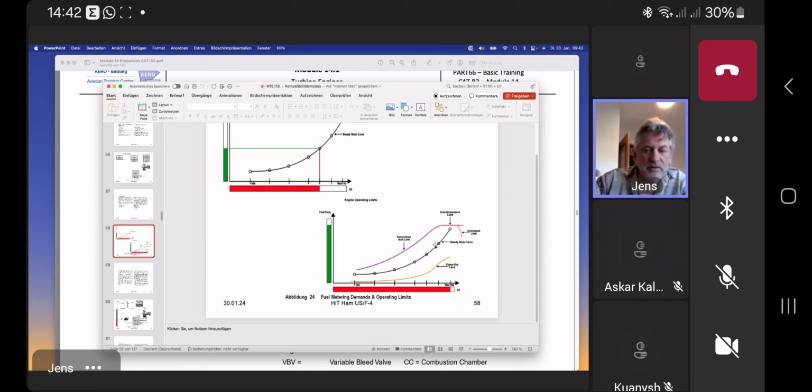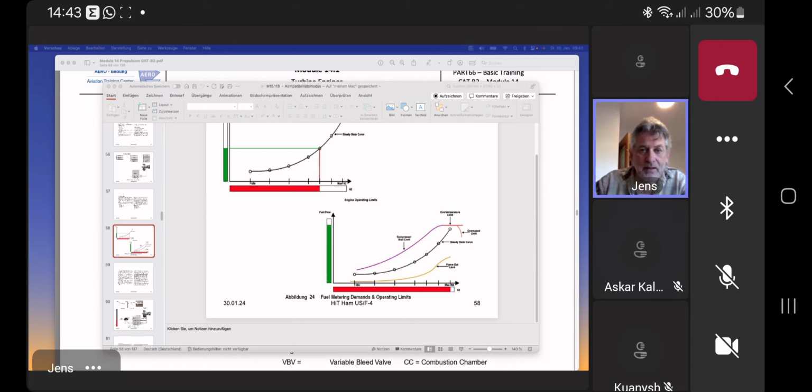The engine has to first check what is my condition, what are my RPMs, what is my current fuel flow, what is my current EGT, and all this stuff. And then the engine will react. Please bear in mind that if the cockpit requests an enhancement of the fuel flow because it would like to take off, the engine will of course react, but will always consider the actual RPMs.